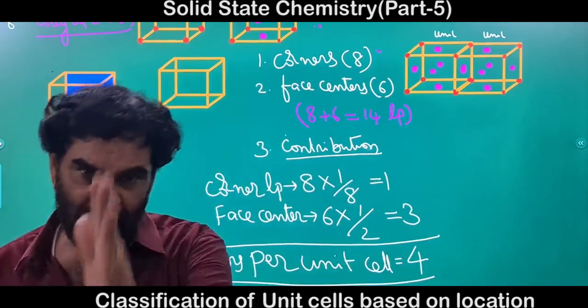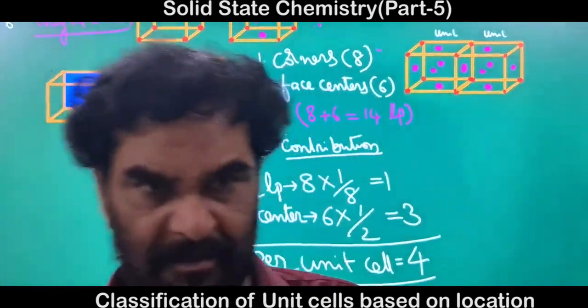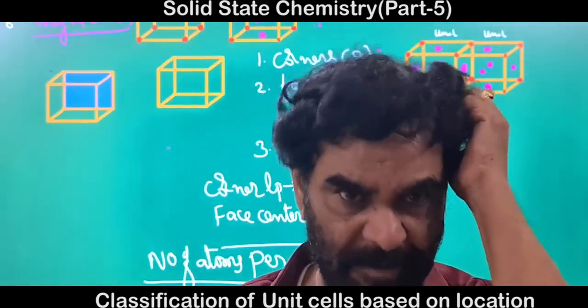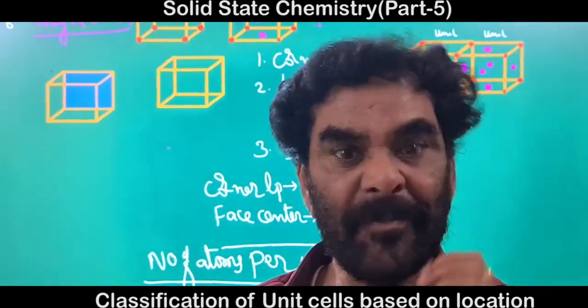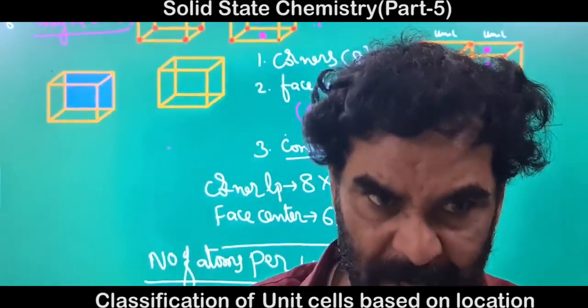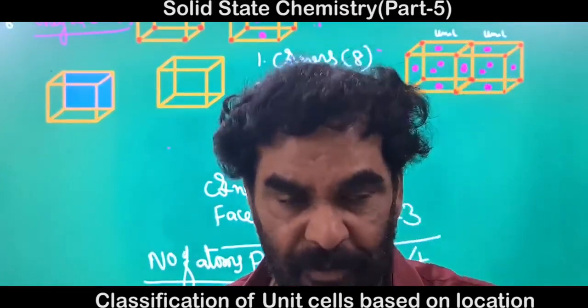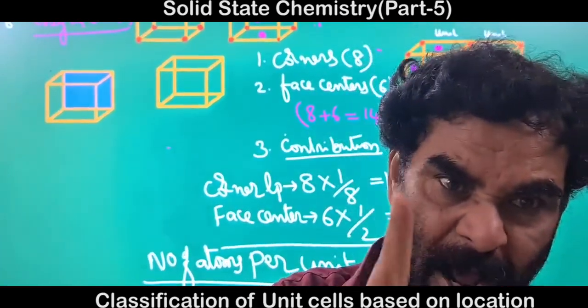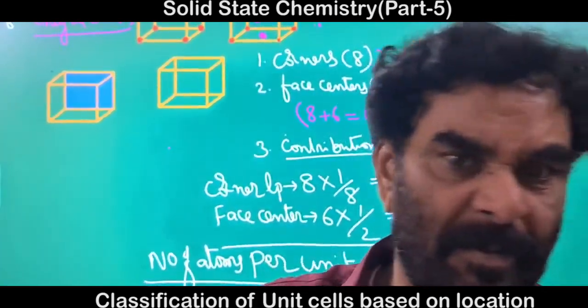If 1 mole of the material is given, then n atoms are present in the given material. How many face centered unit cells are possible? For 4 atoms, 1 unit cell is possible.